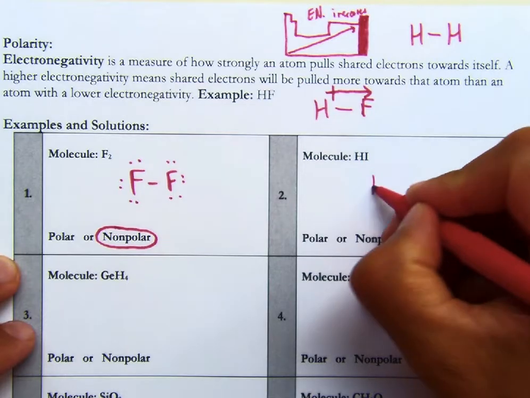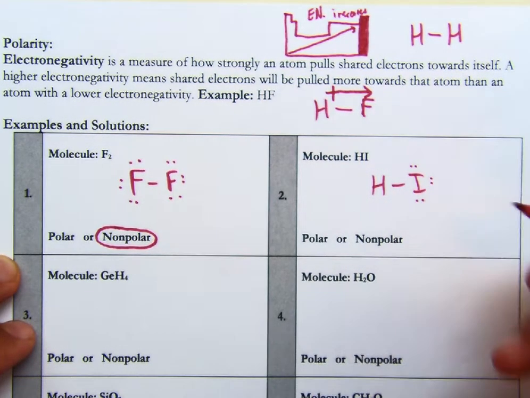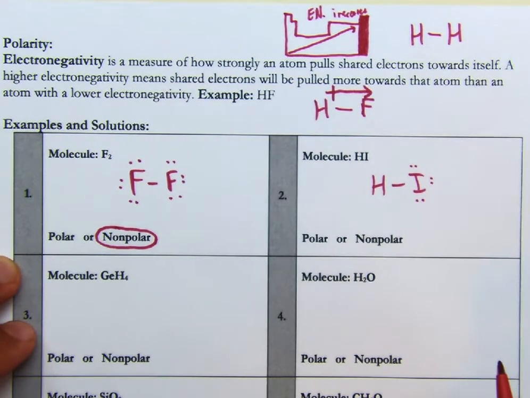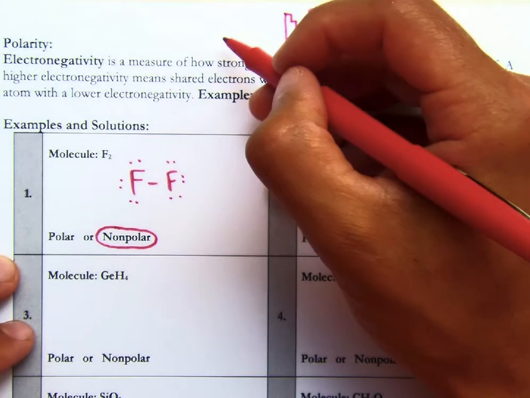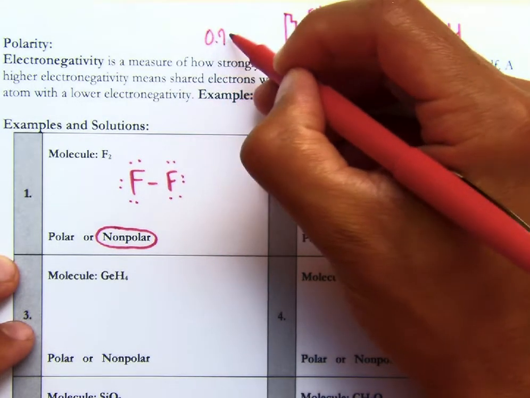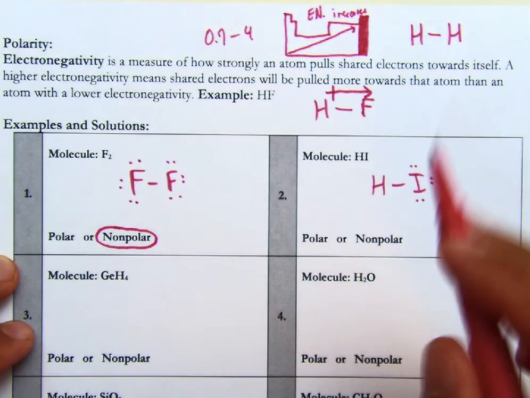Okay. For HI, well, actually, I don't have a table with specific electronegativity values on it, but the electronegativity values range from about 0.7 to about 4, which is fluorine, okay?